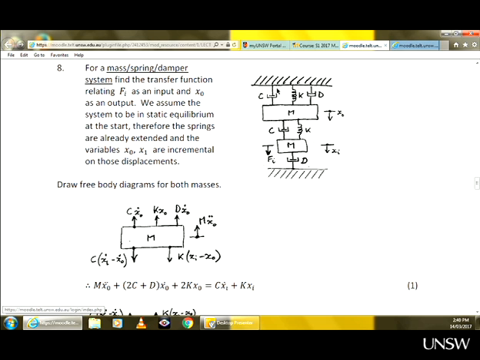Okay? So C times xo dot. This force will be proportional to the displacement of mass, xo, so it's stiffness k times xo. Here you have the same as with the first one, apart from the coefficient being different, so it's not the same damper. So now you have d times xo dot.